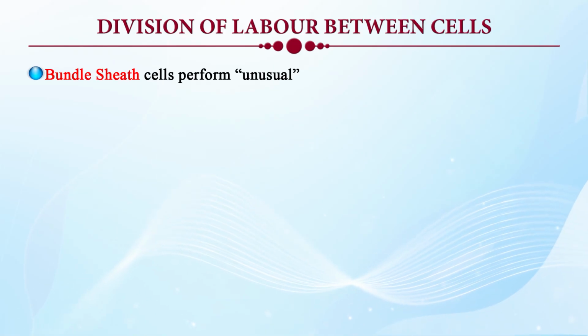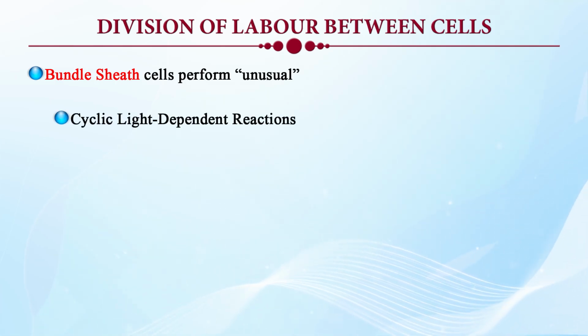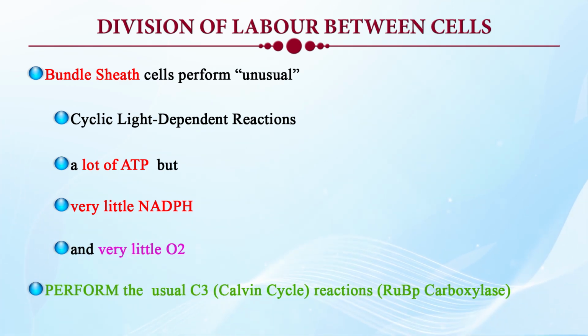So, that means some other mechanism is going on, whereas the cells of the bundle sheath perform cyclic light dependent reactions. That means NADPH2 is not going to be produced, and a lot of ATP is generated, but no oxygen is generated, and the usual C3 cycle is being performed.